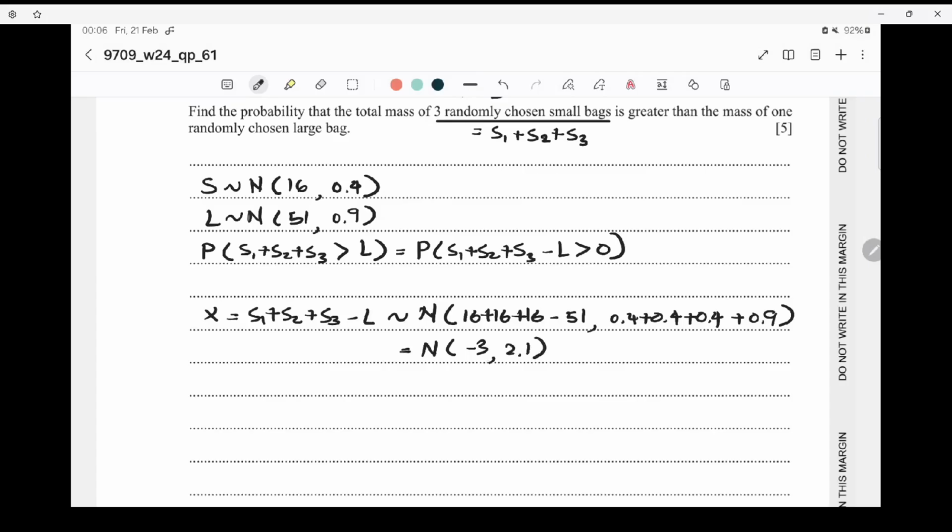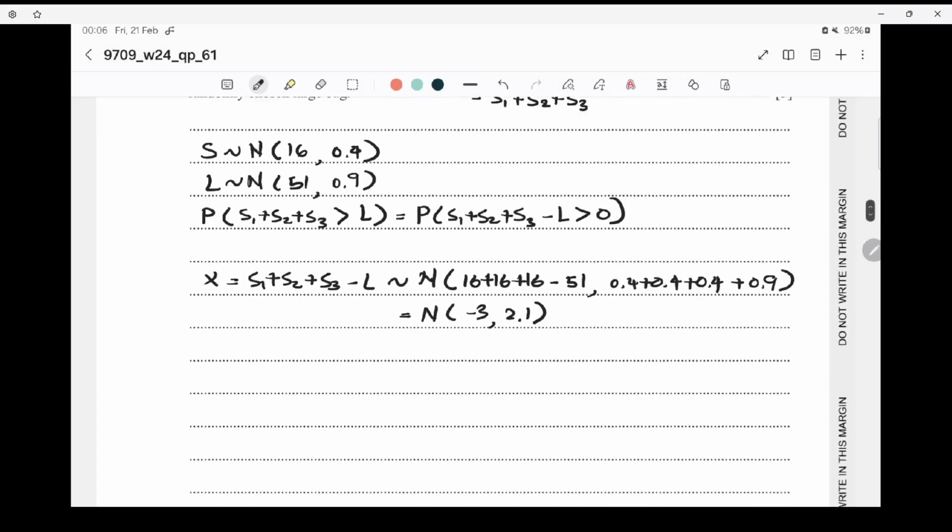If you use 3S, over here basically this will become 9 times 0.4, which is wrong. So you need to be careful about the question. Once you have found the expected value and the variance, the probability becomes X greater than 0.